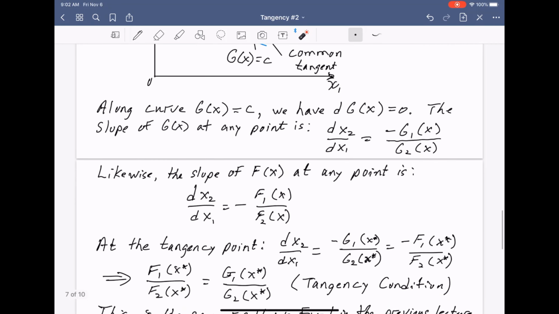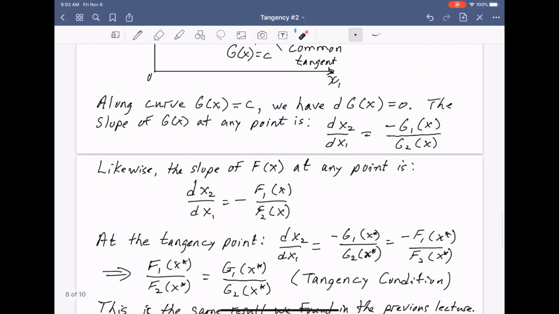And likewise, the slope of the objective function at any point is given by this dx2 over dx1, and it's given by the negative of f1 divided by f2, the ratio f1 over f2.